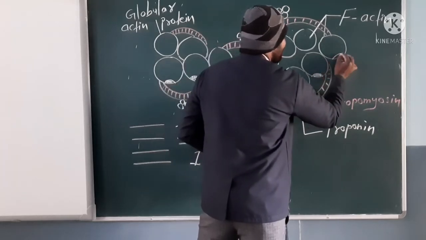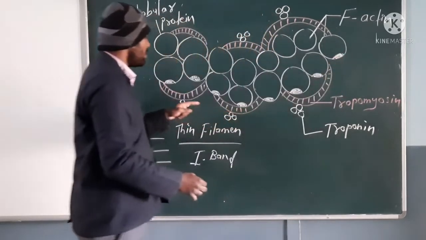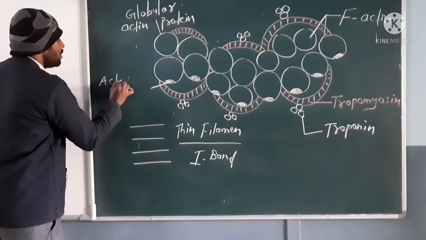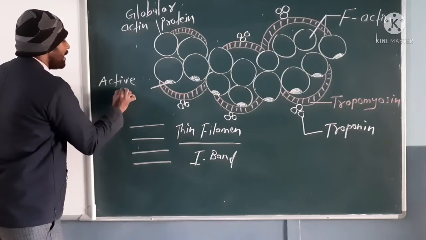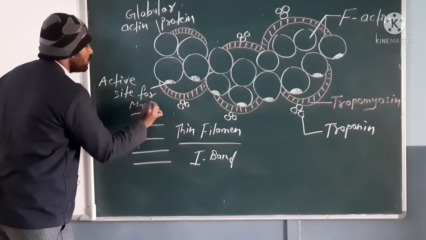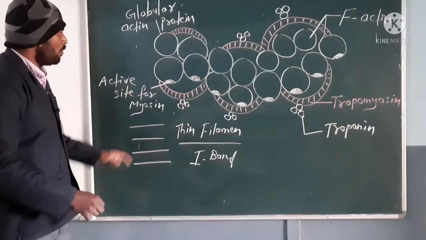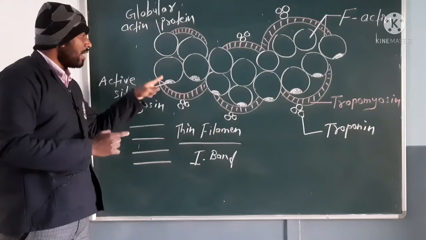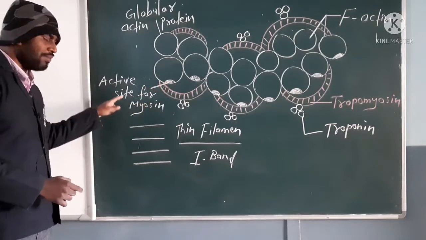So this is the area of the globular protein which is called the active site. It is called the active site for myosin protein. Myosin is the thick filament. So for myosin protein, this site of globular actin is referred to as the active site.